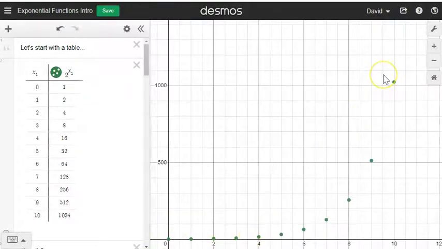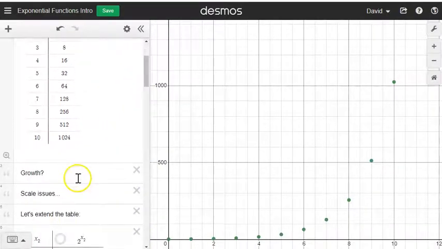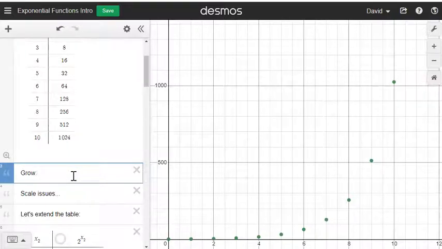And so this is a very typical thing that we're going to see about exponential functions, is that they go from being very small and then transition and then become very large when you let them go way to the left and way to the right, or even a little bit to the left and a little bit to the right. So that is something that it grows very fast eventually.